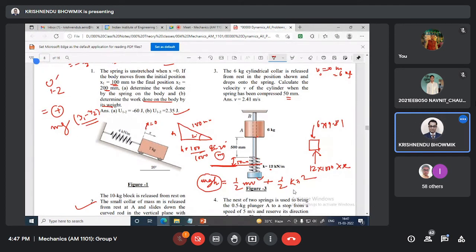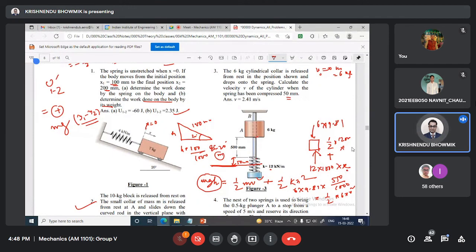What is the m value? 6 multiplied by 9.81 multiplied by 550 by 1000 is equal to half multiplied by 6 multiplied by v square plus half k, which is 12,000, multiplied by x squared.